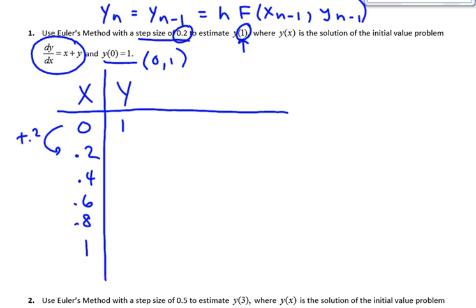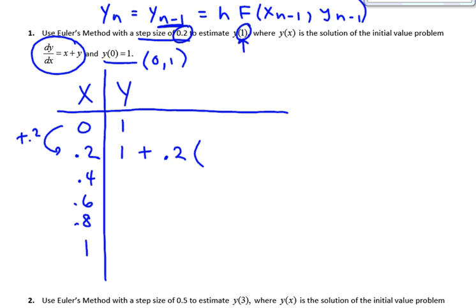Okay? All right, so now for each of these x values, we're going to calculate Euler's method by doing the process that we've already talked about. So for 0.2, I would take the previous y value, y sub n minus 1, which is 1, plus the step size 0.2, times our derivative calculated at the previous x and y.